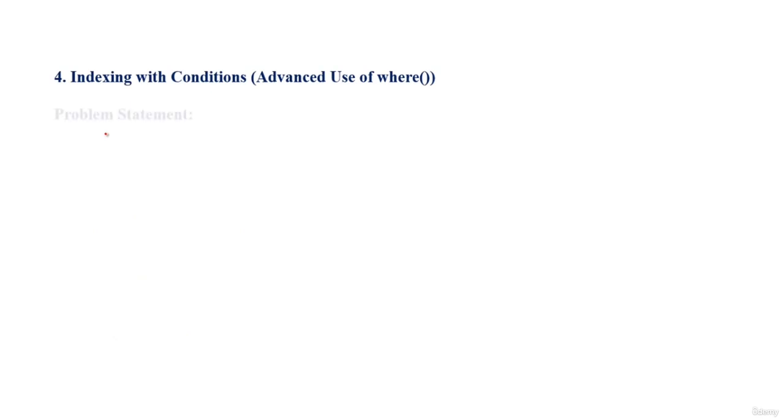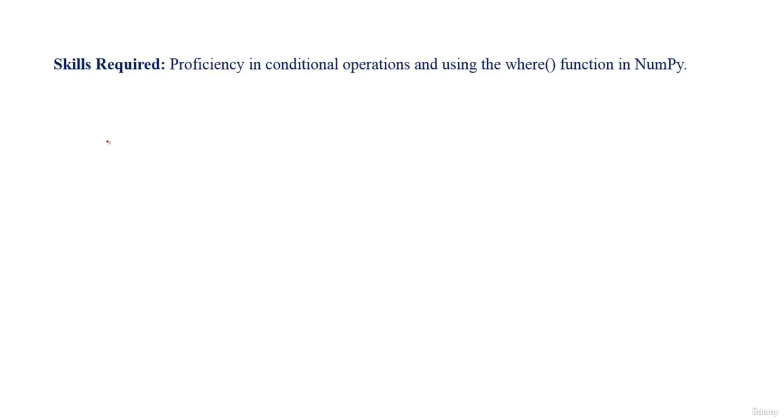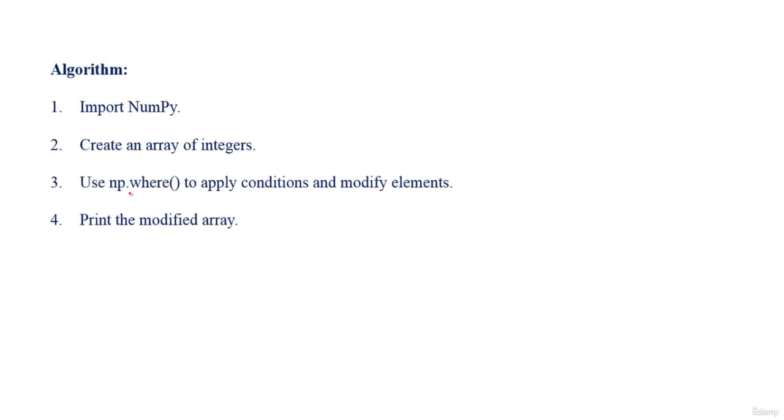Indexing with conditions. So the fourth problem statement is to use NumPy's where function. The where function is also used to filter some elements for advanced indexing based on conditions to modify array elements. Skills required and instructions you have to read. Algorithm I will follow: using the where function to apply a condition and modify elements.